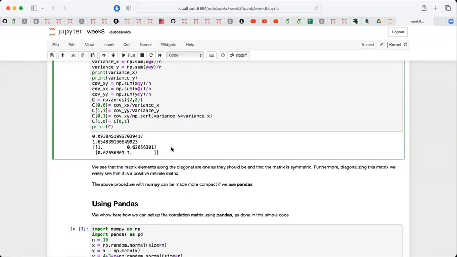One way to see that is to sum the squared diagonal matrix elements and the squared non-diagonal matrix elements. This is a necessary condition to find out whether the matrix is positive definite or not.